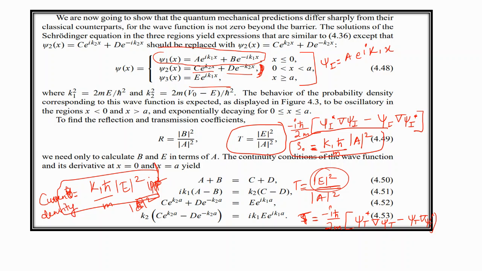So if I multiply it by A square upon A square, then we will get, yes, this will become T and this will become S naught, because just now we found that k1 h cross upon m A square is S naught. So I am finding this option correct.